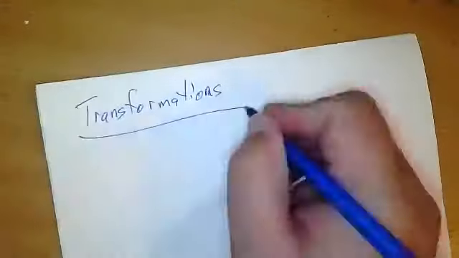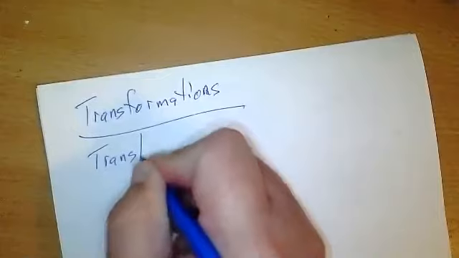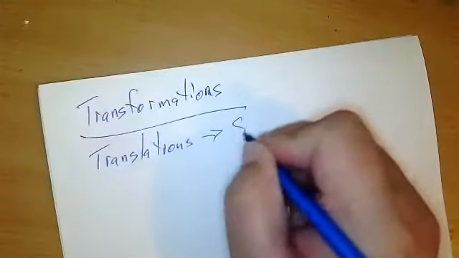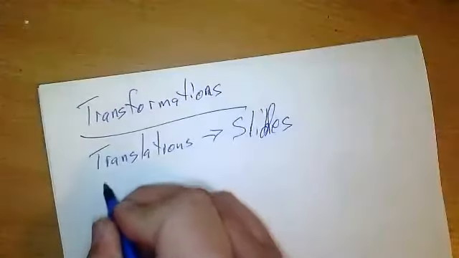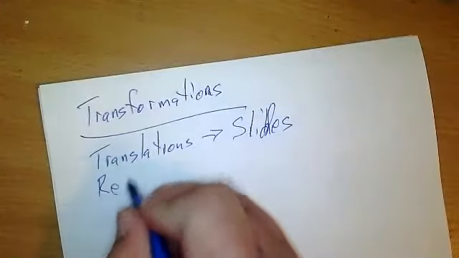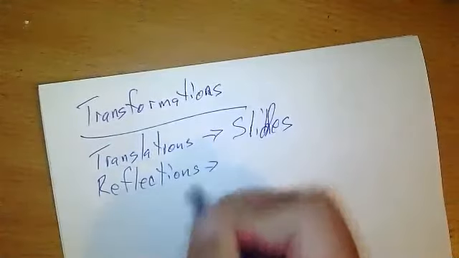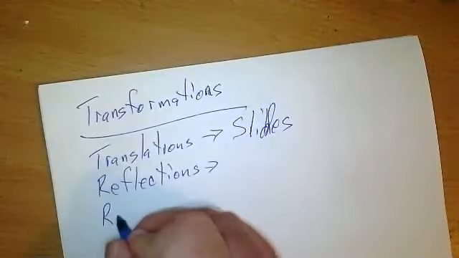All right, so there's three different types of transformations we're going to talk about. We're going to talk about translations, which sometimes are called slides. We have reflections. I don't think I need to tell you what a reflection is, and if I do, I'm a little worried. Okay? And then finally, rotations.